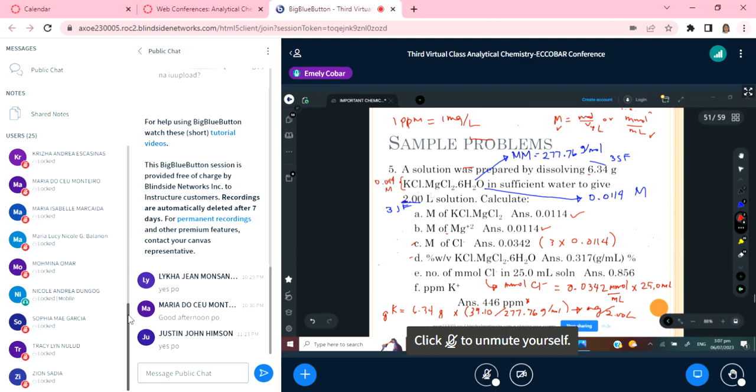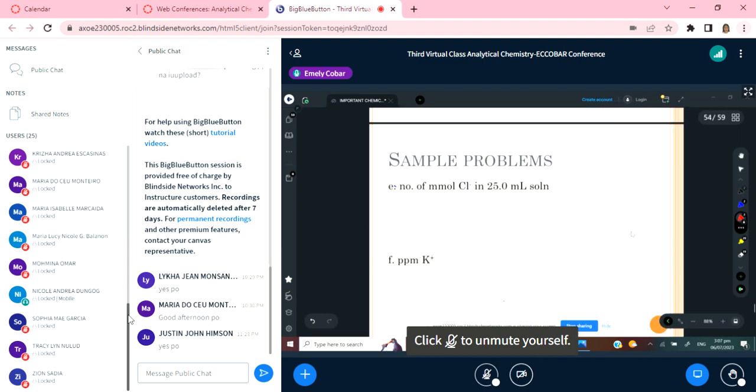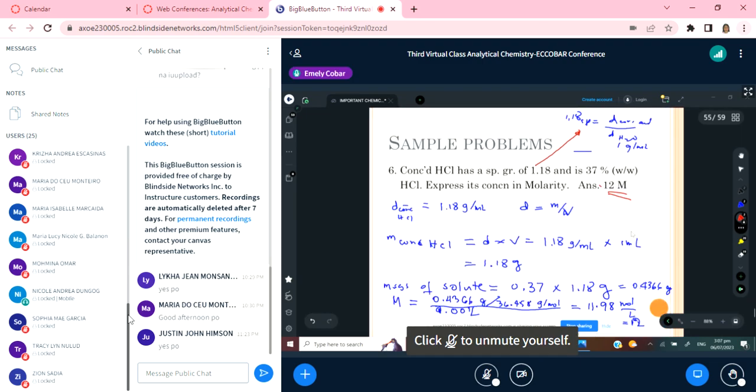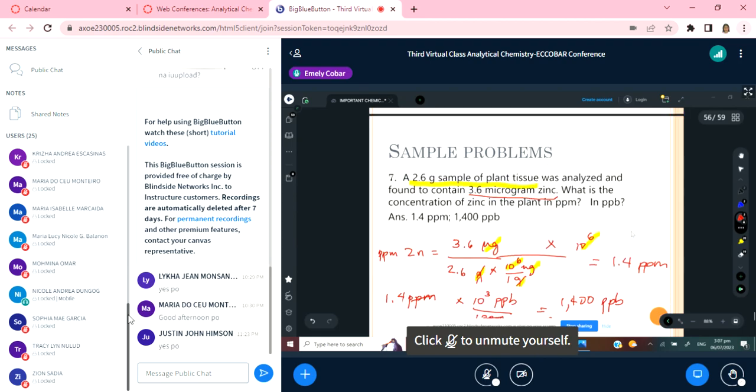Pero you can still compute for the mass of magnesium present in 6.34 grams. Gagamit ka lang lagi ng chemical factor. Tapos follow the formula for molarity. Yan din ang makukuha mong mga sagot. Next, ano pa? Ito na. I think this is the last type of problem.